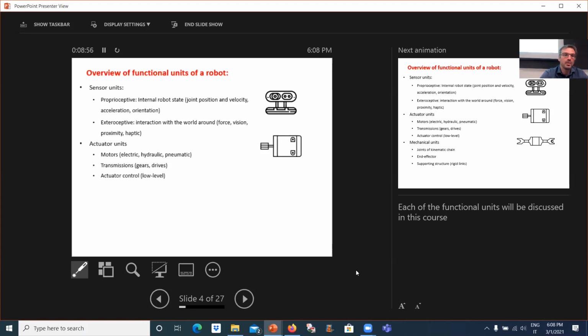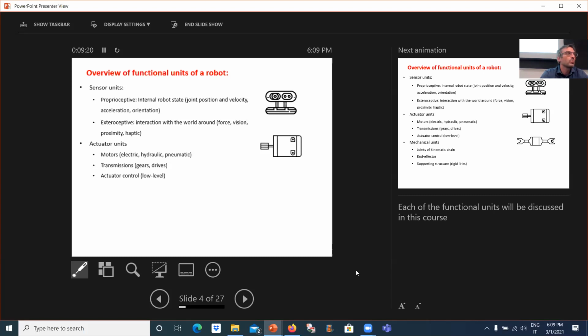To amplify, we will see the performance in terms of torque, of force of the actuators, and the controllers. So each actuator unit should have a controller that controls its position, force, velocity, whatever we decide we want to control.